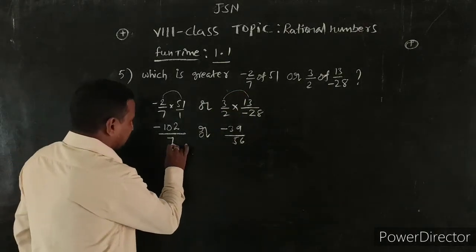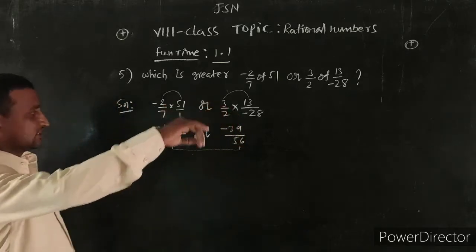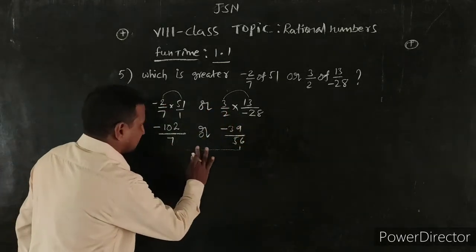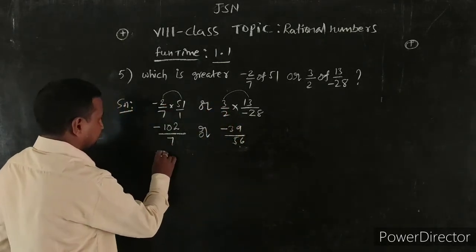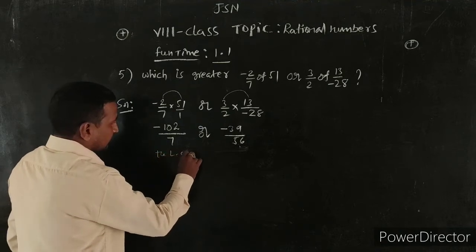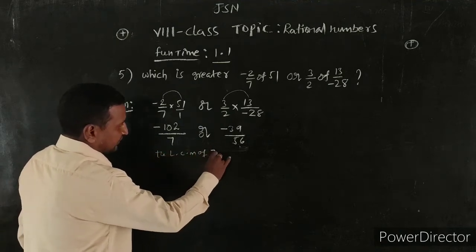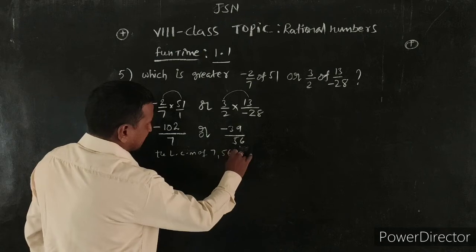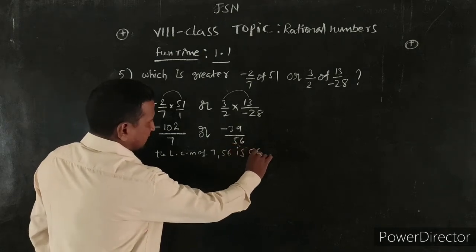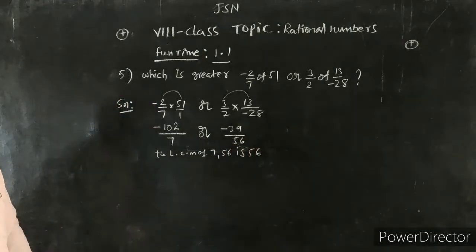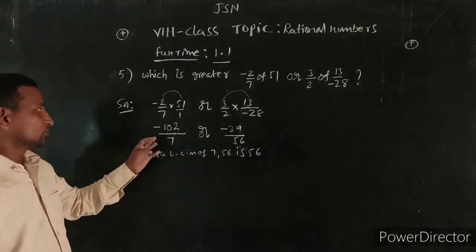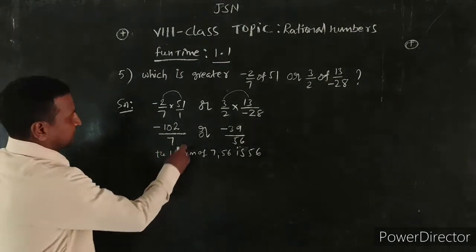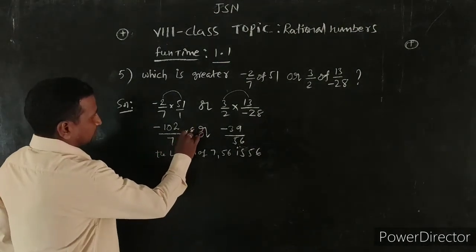Now find the LCM of 7 and 56. The LCM of 7 and 56 is 56 because 56 is a multiple of 7. So the numerator and denominator multiply with 8 by 8.